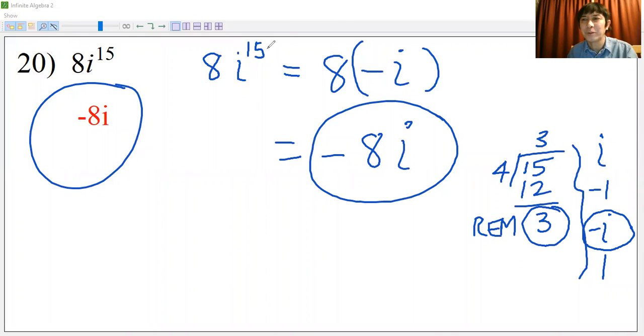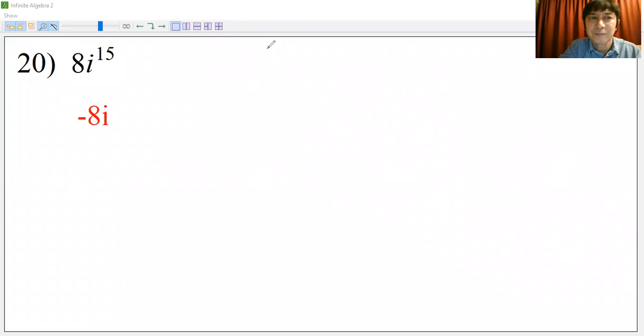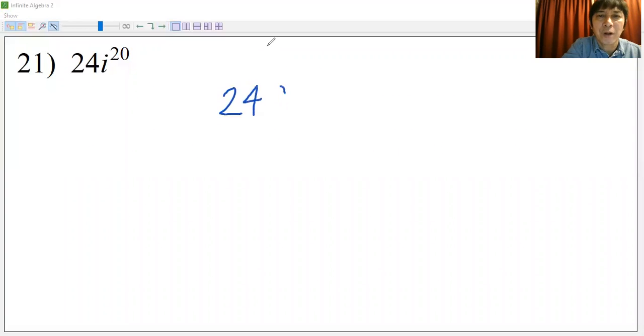I hope you were able to get that particular concept, and you'll be able to answer something like this. Let's continue with the next number. Let's have the 21st. Here's the 21st. Simplify 24 i to the 20. What is i to the 20? 20 is divisible by 4 exactly, with the remainder 0.